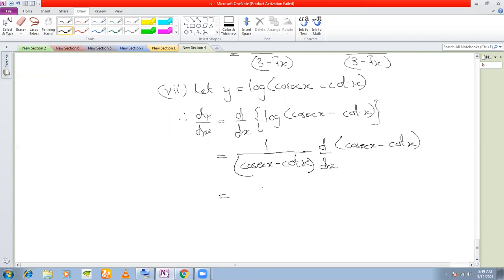Now we start our differentiation. So this is 1 by cosec x minus cot x. And the differentiation of cosec minus cot will be how much? You distribute the differentiation over cosec and cot. d/dx of cosec x is, what is the differentiation of cosec x?